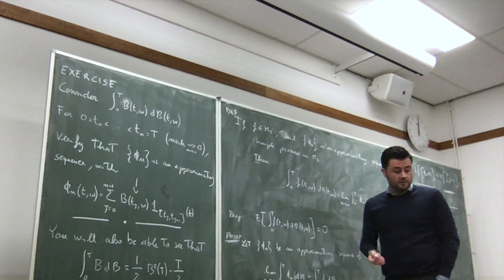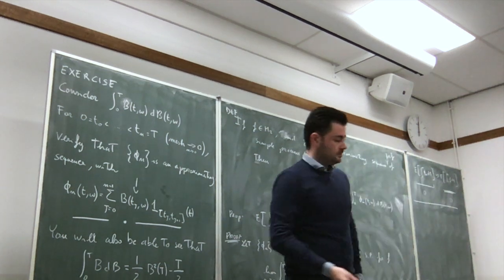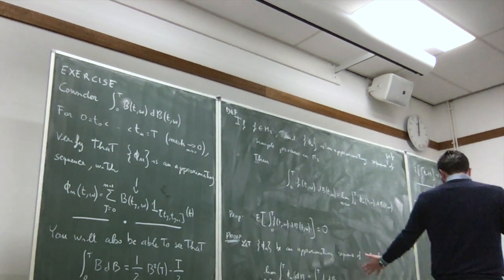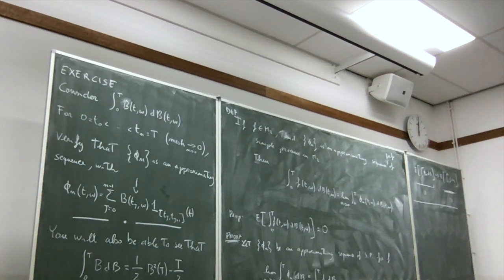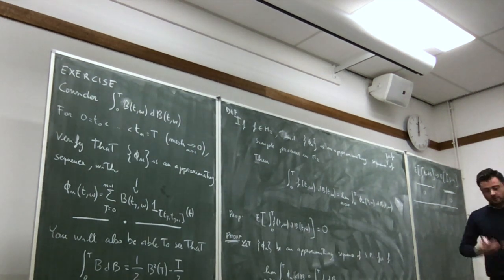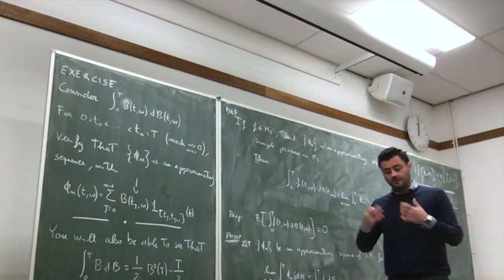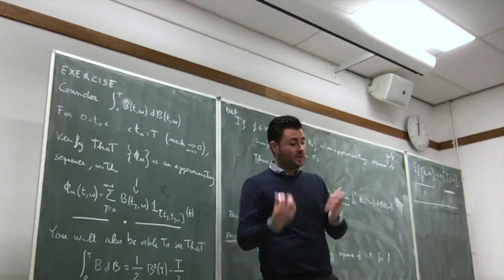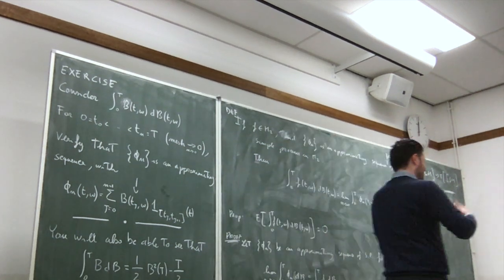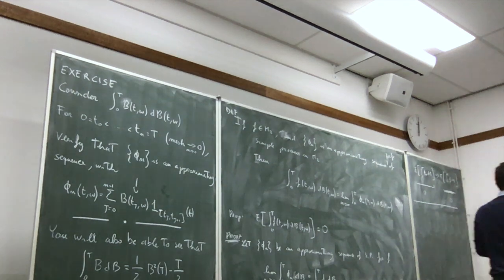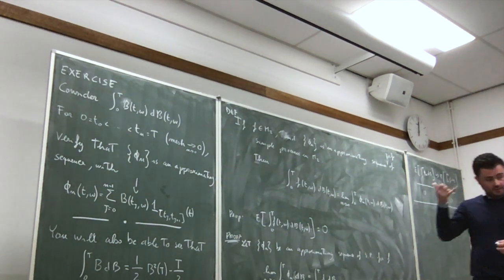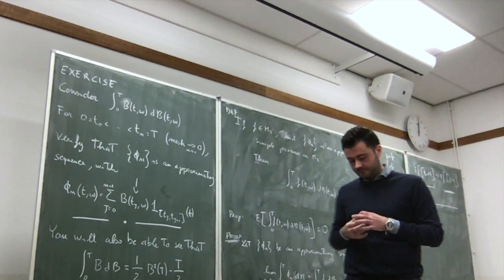In the same way, and this is an exercise that you find in the lecture notes, you can prove the Ito isometry, always exploiting the convergence and the fact that our Ito integral is defined as the limit of the integrals of simple processes that are an approximating sequence for our function f, so that they have this nice property in terms of convergence.